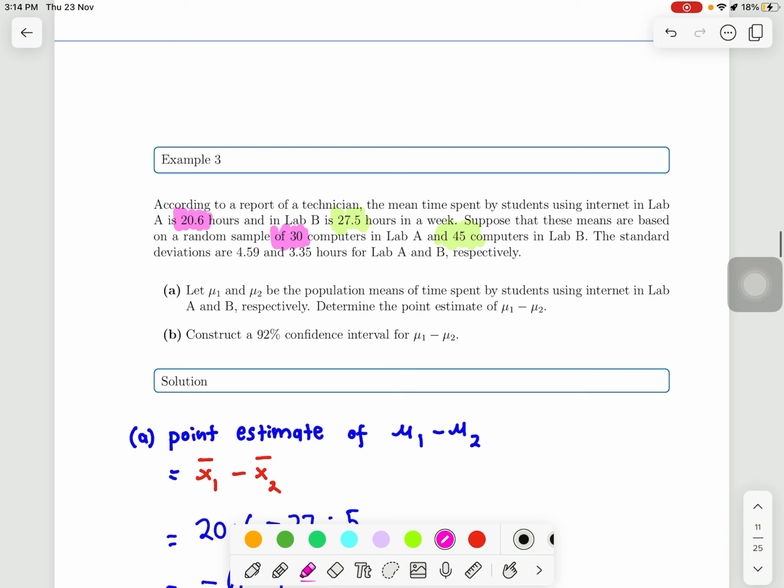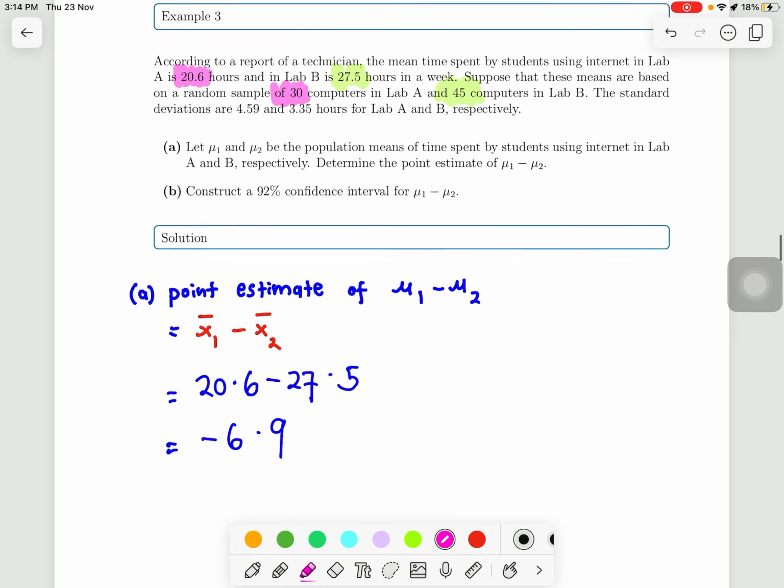According to a report of technician, the mean time spent by student using internet in lab A is 20.6. And so on. You just read the question, and the questions are all the same. Determine a point estimate, construct a 90% confidence interval. Okay, so you just follow the same step.